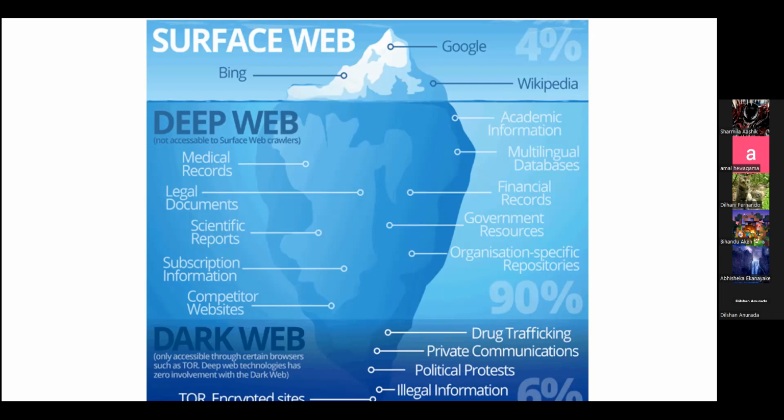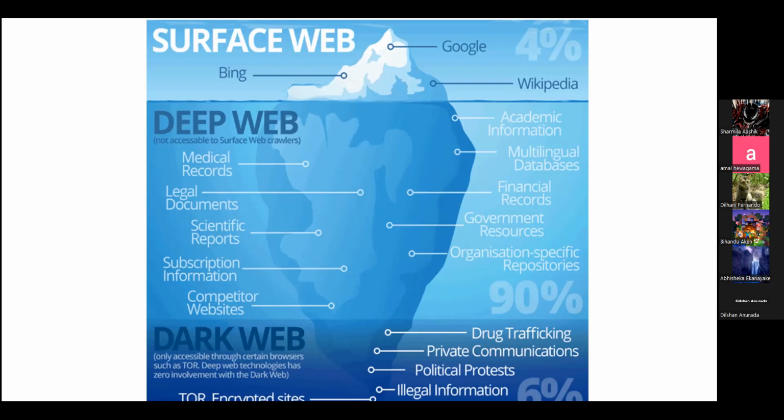And last but not least, there's the dark web. This is not accessible through typical browsers. We need a specialized browser called Tor. And unlike surface websites, these are hidden networks, hidden websites, right? These are used by many malicious actors as well as legitimate people.